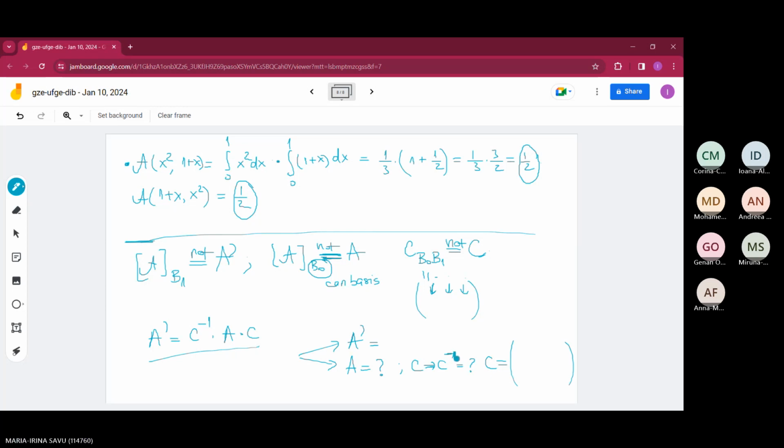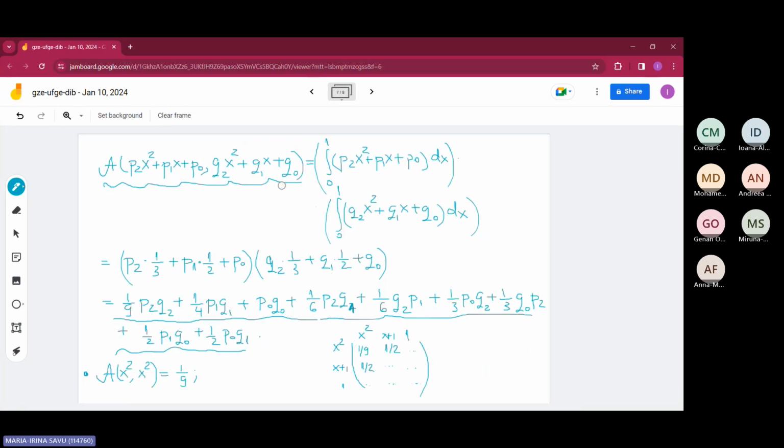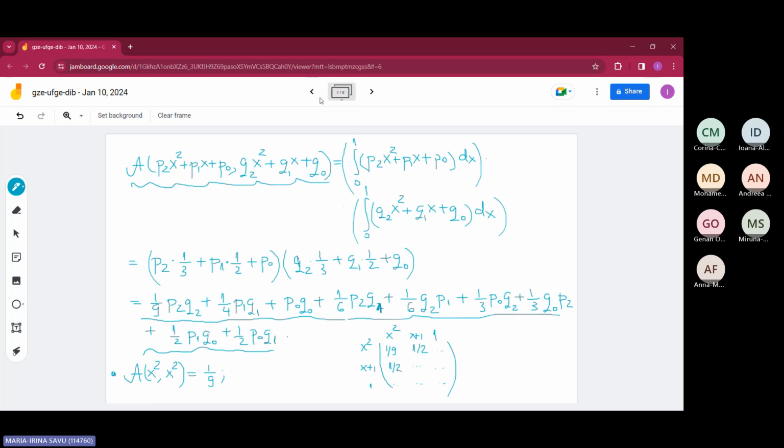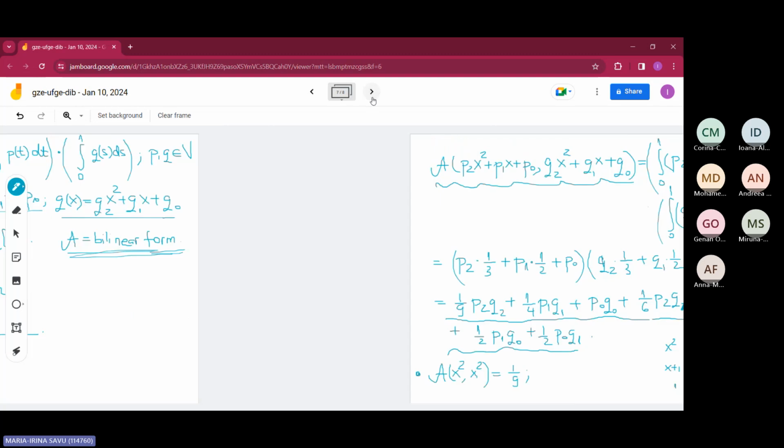C, the matrix from the basis B0 to B1. The canonical basis here consists of x squared, x and 1. So B1, which is this basis, is actually something which comes from the canonical basis, but it has some additional elements.